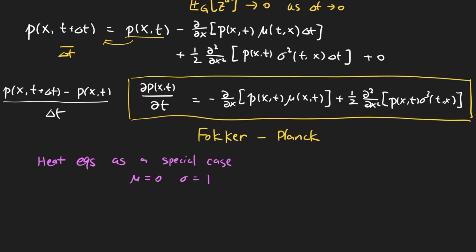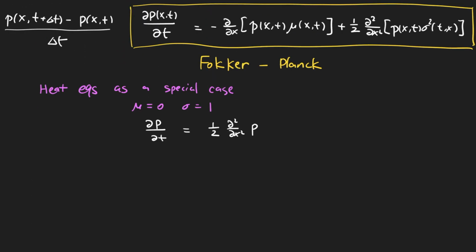Then if we just plug it into the Fokker-Planck, we'll have the partial p with partial t equals, the first term just goes away completely. And then all we are left with is the second term, the half times the second derivative acting on the density p. So this is the heat equation that we derived before.